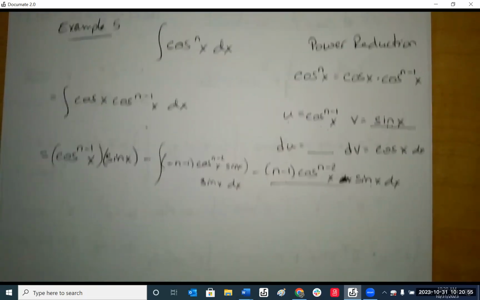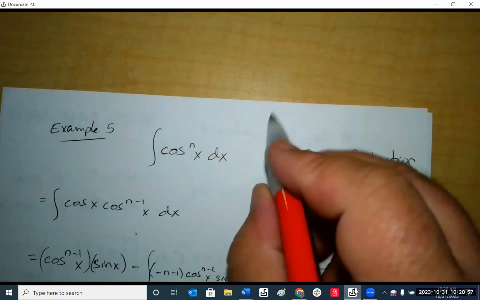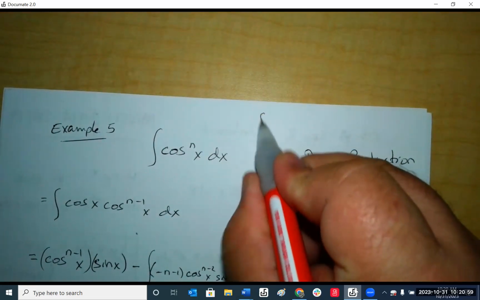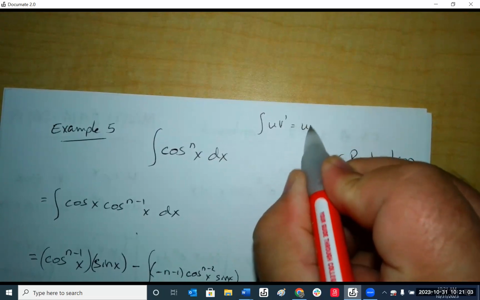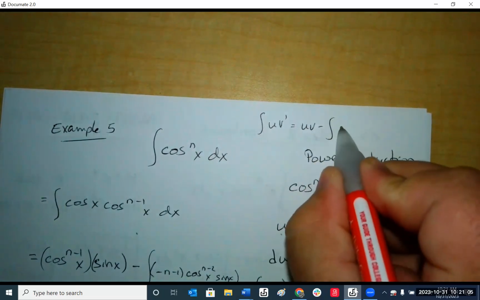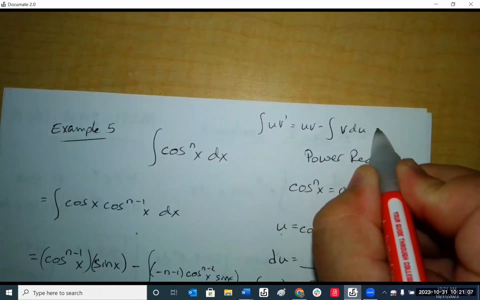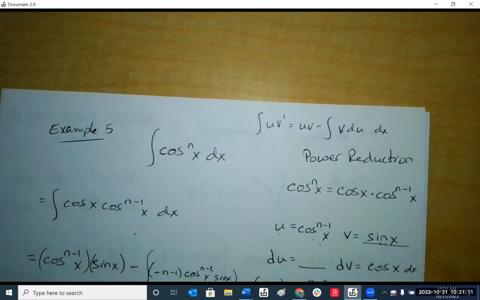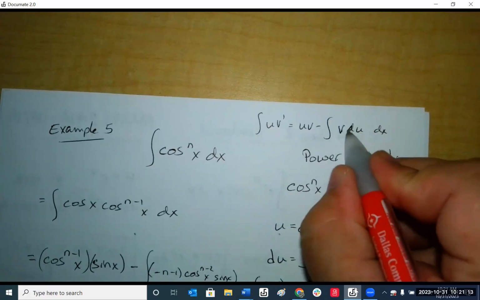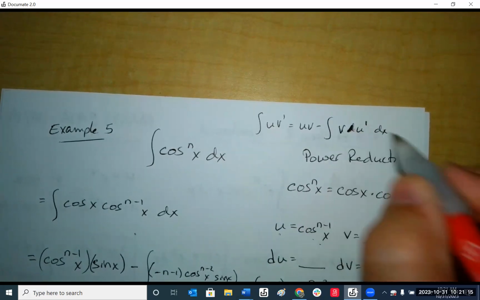All right, let me put down the formula again. The integral of u v prime equals uv minus the integral of v u prime dx. Or u prime, I should say, not du.